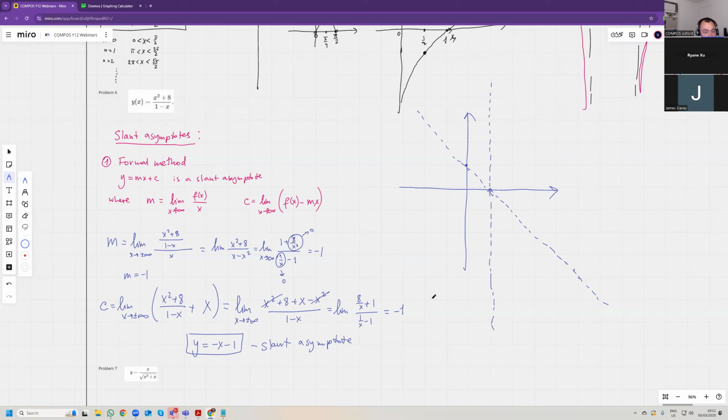And now, well, there are two possibilities. Positive. So it's always positive. Here, it's always negative. What is the y-intercept? The y-intercept would be 8. Oh, minus 1, sorry. Yes, you are correct.